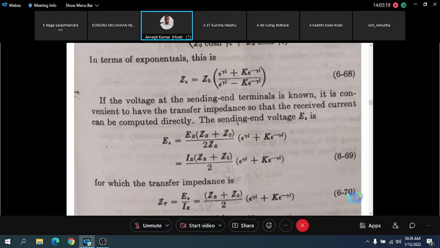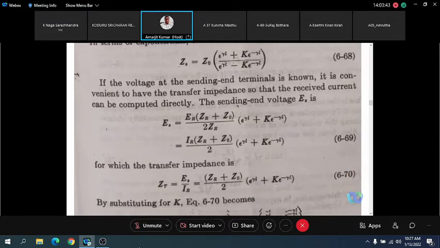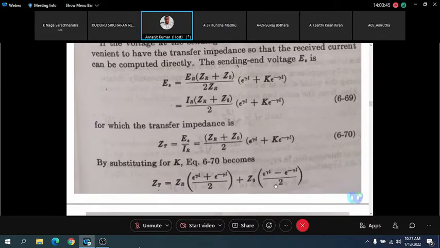ES upon IR. ER upon ZR is equal to IR. So ES upon IR will be equal to (ZR plus Z naught) divided by 2 into (e to the power gamma L plus K into e to the power minus gamma L). This is the transfer impedance.